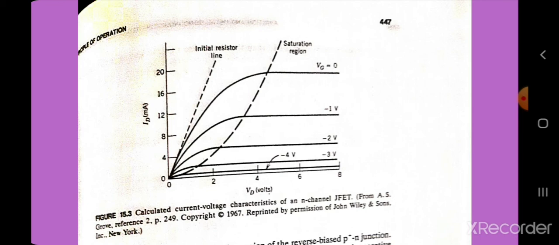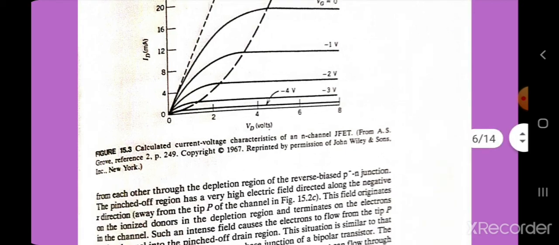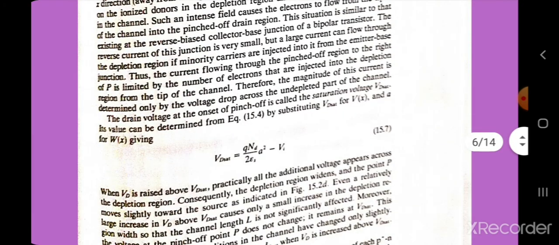The drain voltage at the onset of pinch off is called the saturation voltage Vd sat. It can be written as Vd sat = q Nd a² / (2εs) − Vi. When Vd is raised above Vd sat, practically all the additional voltage appears across the depletion region. Consequently, the depletion region widens and the point P moves slightly towards the source.